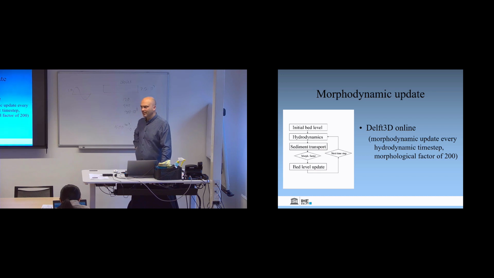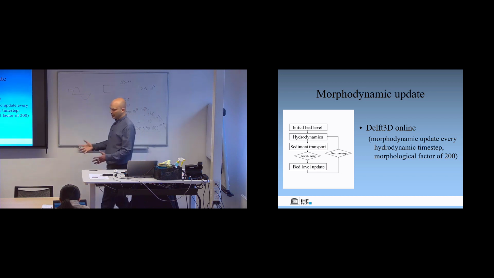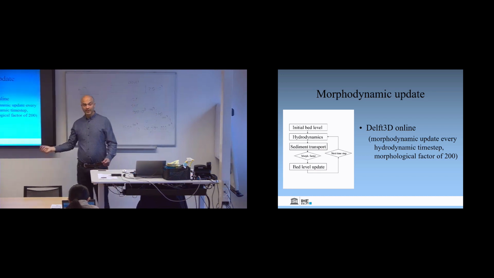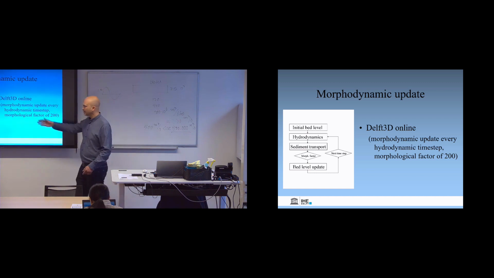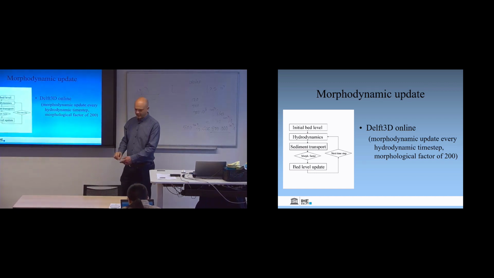Yeah, yeah. And why would you do that? Because if you have 10 meters of water and your model calculates a bed level change of 1 millimeter, it's nothing. And we want to speed up things a little bit. So what we are doing, we multiply the bed level change with the morphological factor. So it is then not 1 millimeter, but let's say 10 centimeters, if you apply a morphological factor of 100.